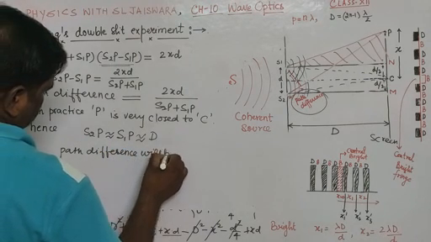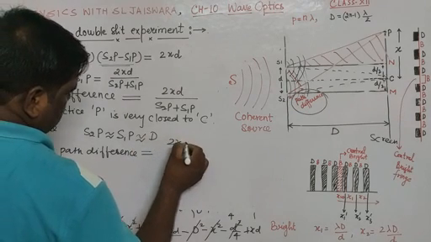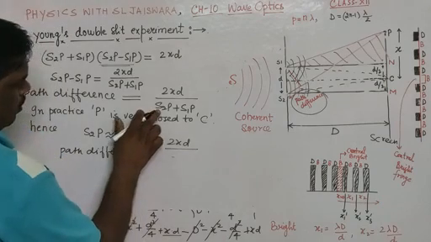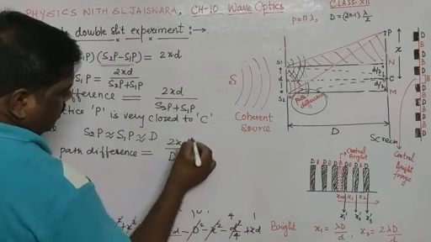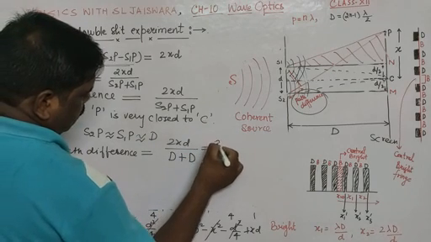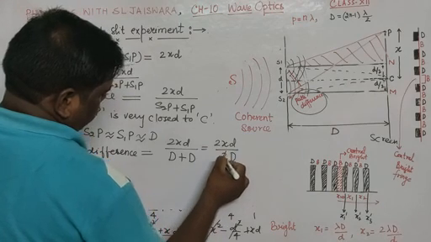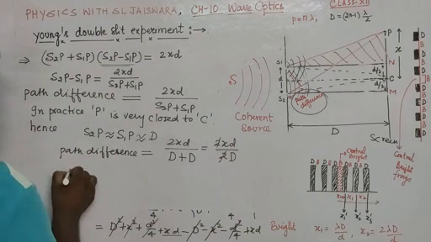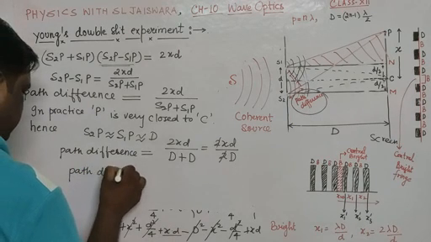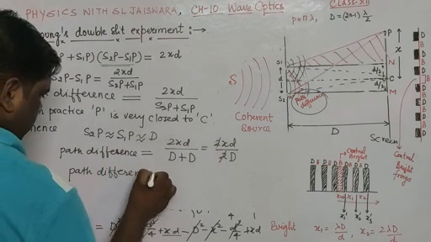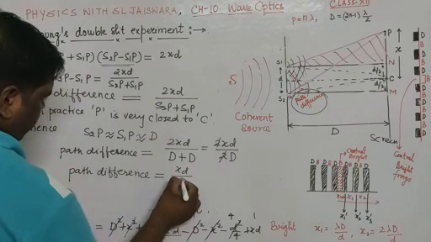Path difference is equal to 2xd upon S2P, that is D, plus S1P, that is D. So finally we get 2x small d upon 2 capital D. These two cancel with these two. So finally we get path difference is equal to x small d upon capital D.